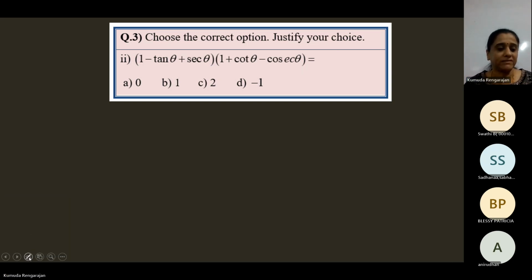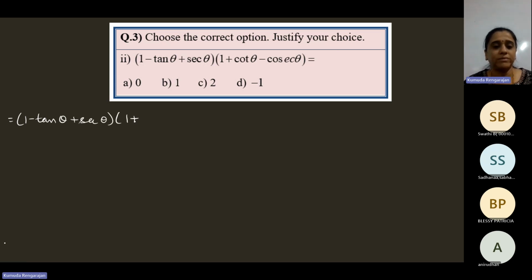Okay. So see here. So we have 1 minus tan theta plus secant theta into 1 plus cot theta minus cosecant theta. This is given. What's the rule? Change other ratios to sine or cos.